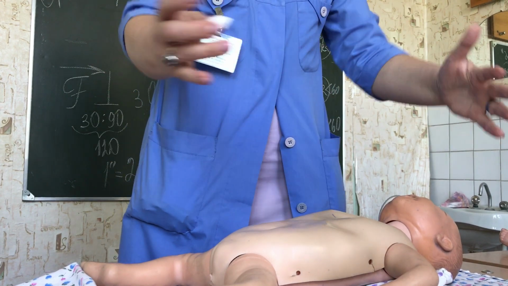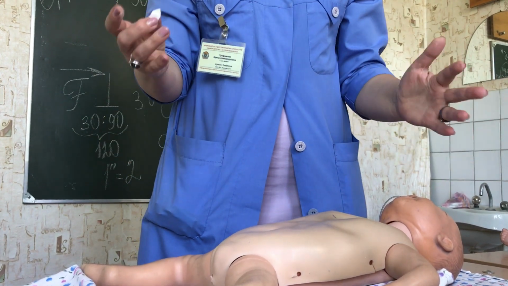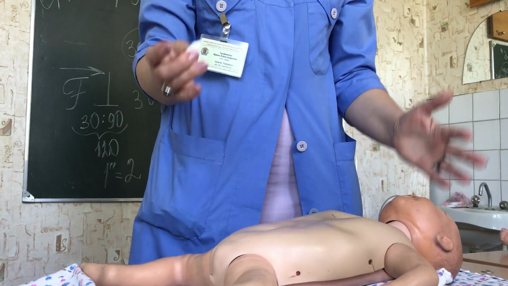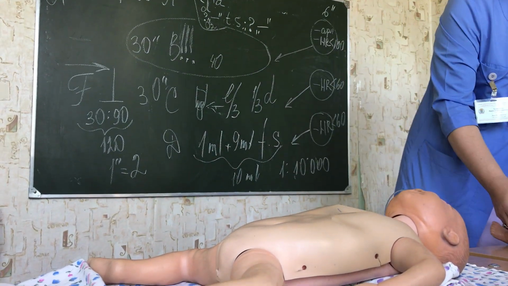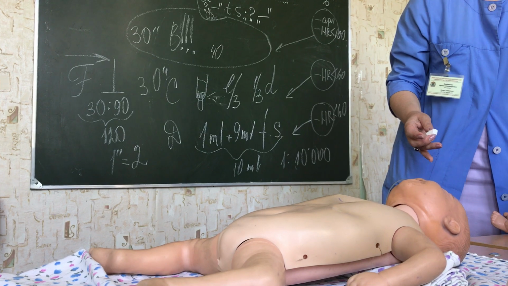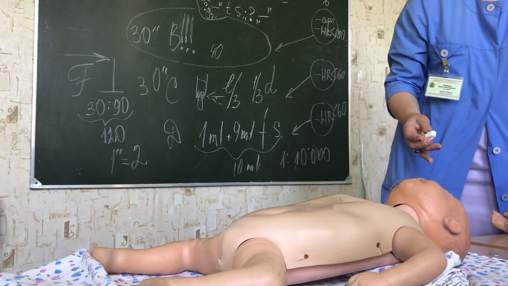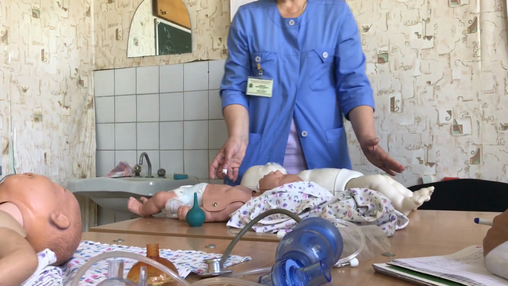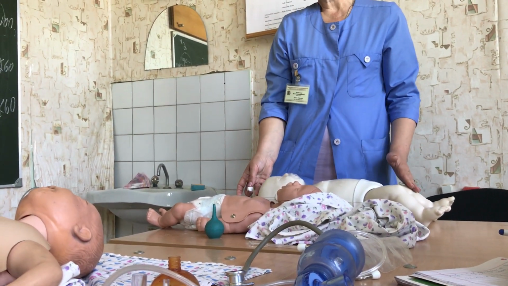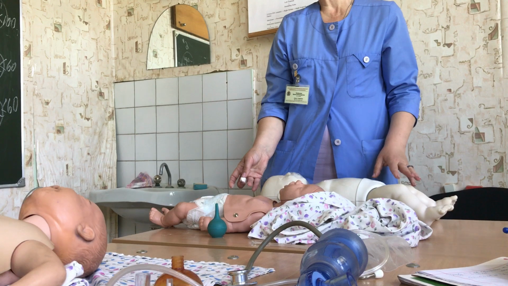According to size of this newborn, my proposed birth weight is more than 4, less than 5. This newborn is more than 3, but less than 3.5. This is more than 5, approximately 5, maybe more.